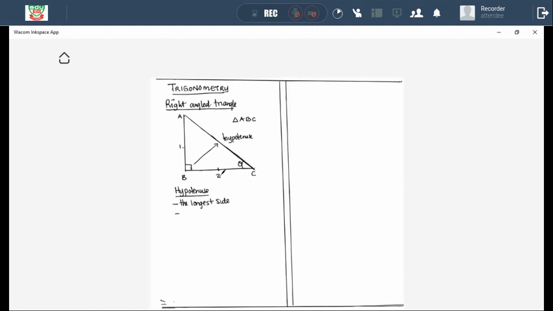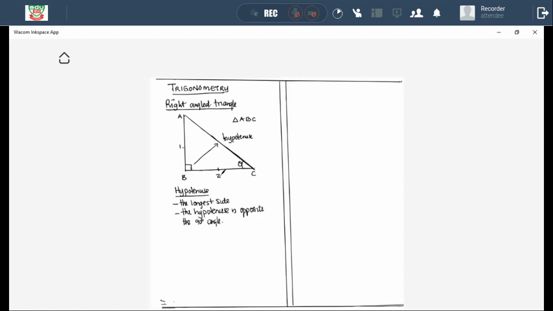So the hypotenuse is opposite the 90-degree angle.